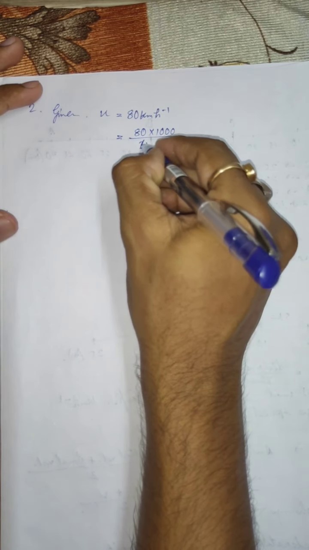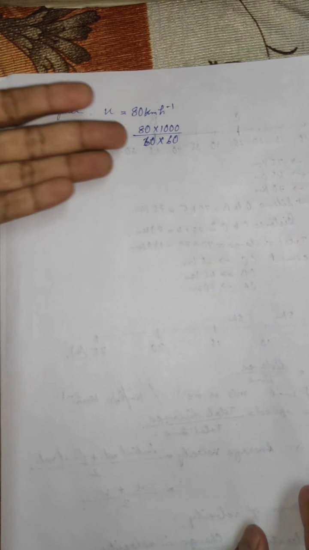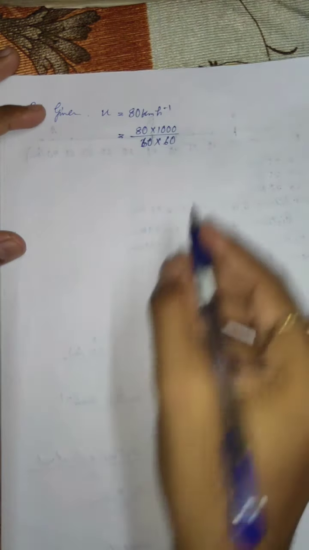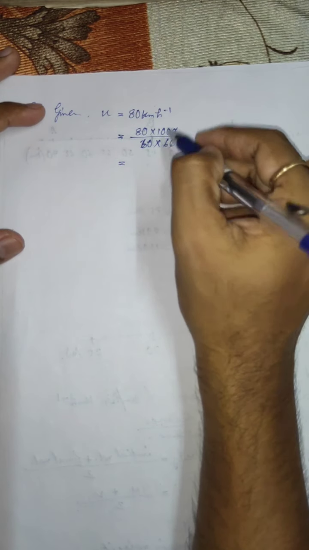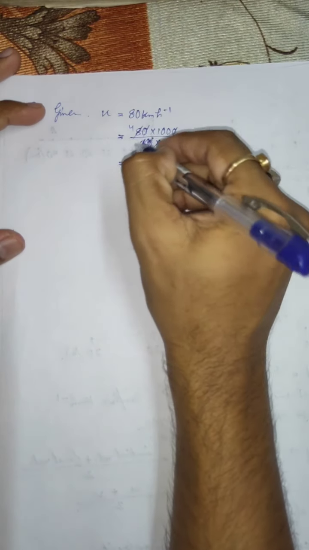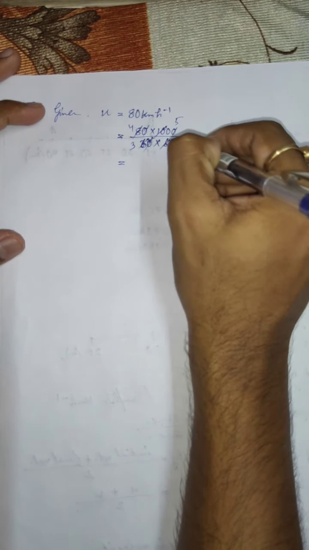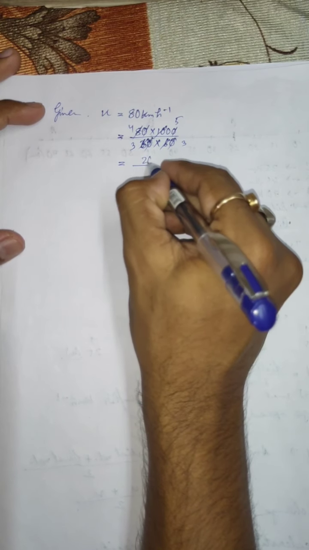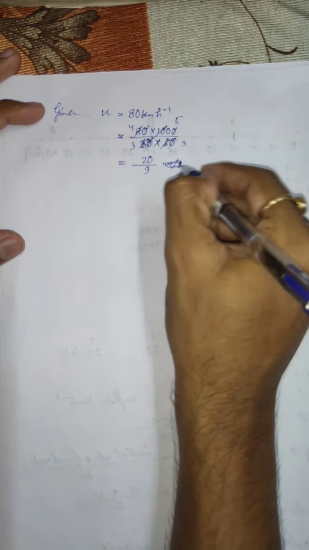So 60 into 60, because 1 minute equals 60 seconds and 1 hour equals 60 minutes. So 60 into 60 twice we need to multiply. Now just simplify. The result is 20 by 9 meter per second, or we can write meter second inverse.